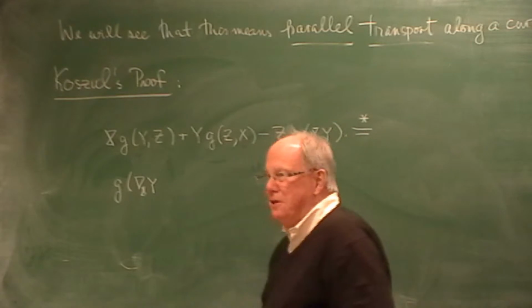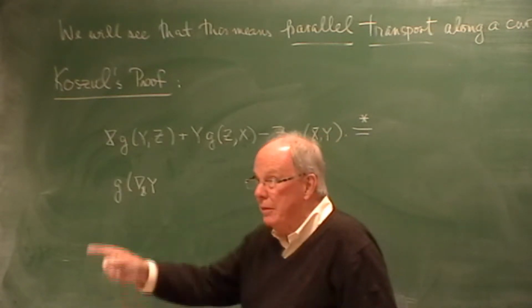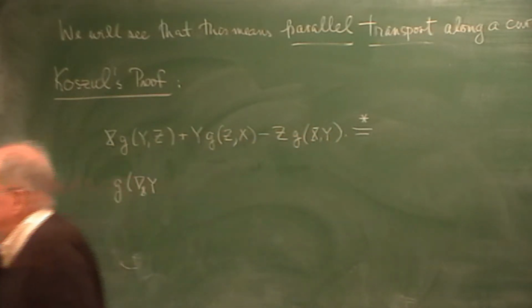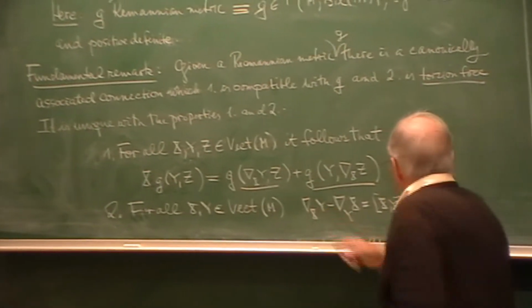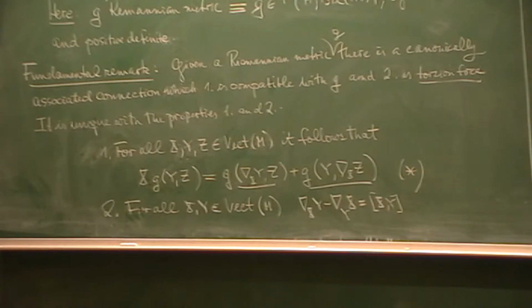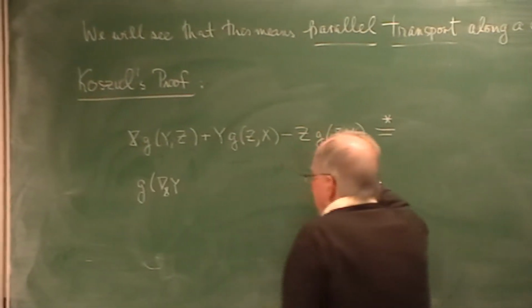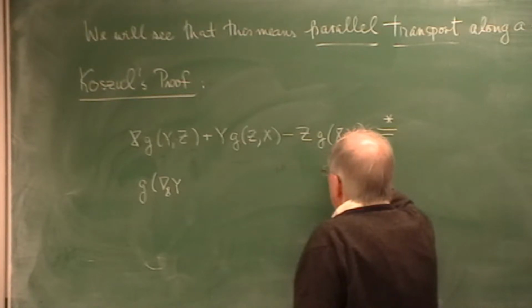So I want to use the condition torsion free. I have nabla X of Y, and from back in here, am I going to get nabla Y of X?